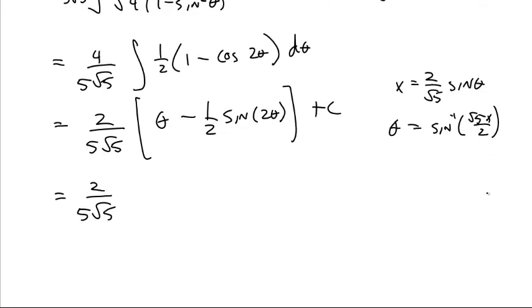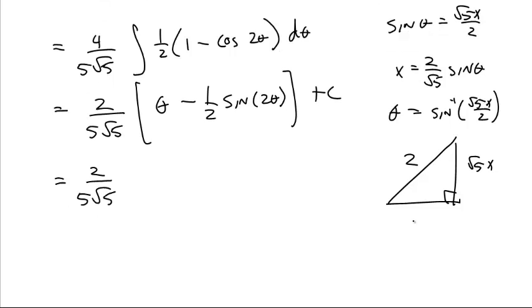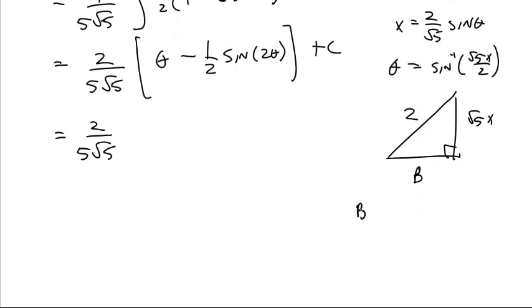And if I draw the triangle, I want what? Sine of theta is root 5x over 2, so the opposite side is root 5x over 2 and the hypotenuse is 2. I'm going to use the Pythagorean theorem: b squared plus 5x squared is 4.